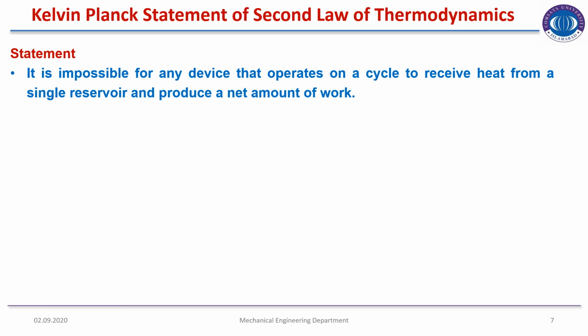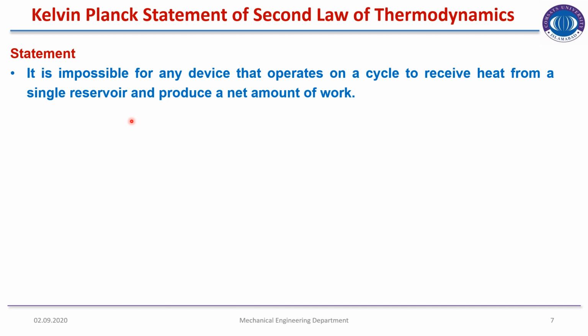So it states that it is impossible for any heat engine to operate in between a single energy reservoir. In the previous slide we discussed that a heat engine always operates between two thermal energy reservoirs.